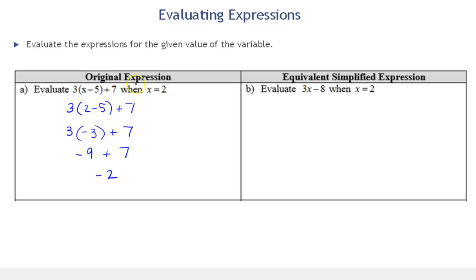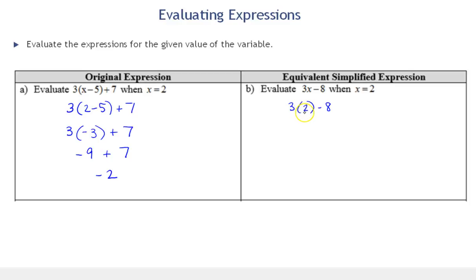Now if these expressions truly are equivalent, when I replace x with 2 in this expression, I should also get negative 2. So let's see if that happens. I'm going to replace the x with a 2. I'm going to put that in parentheses. And in general, whenever you're replacing a variable with a number, put it in parentheses.